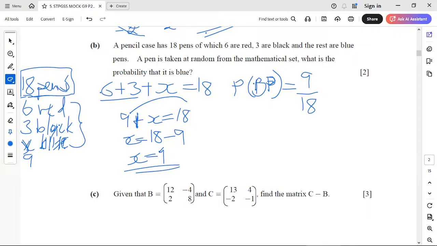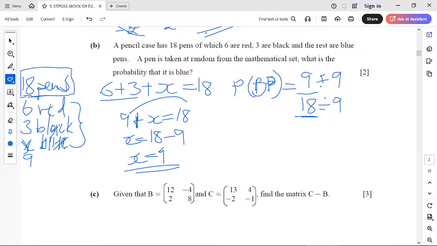Now this is the raw probability. We can reduce it to its lowest term so that we can get the actual probability. To do that, we divide the numerator and the denominator by 9. Why have I picked 9?